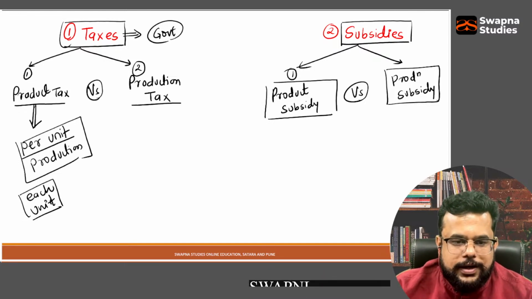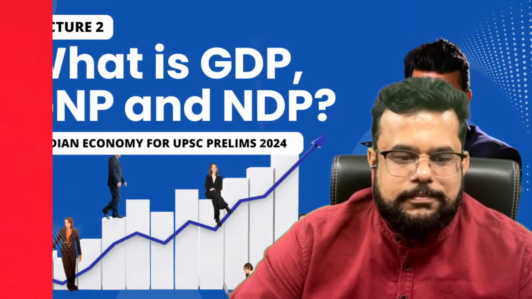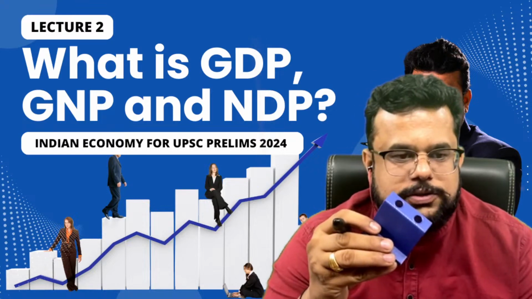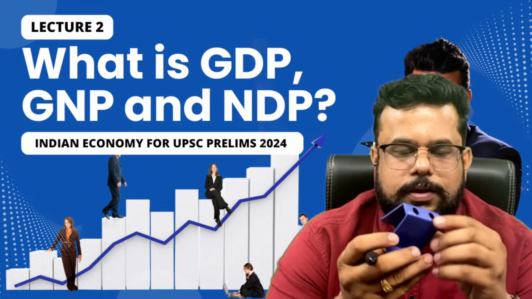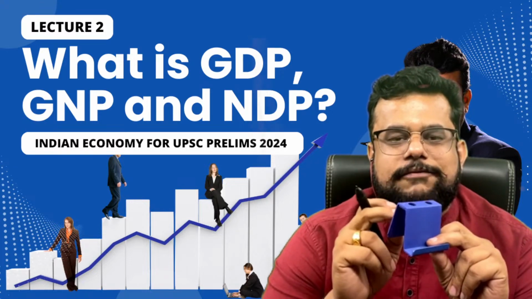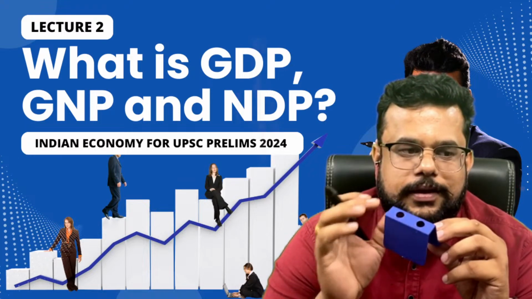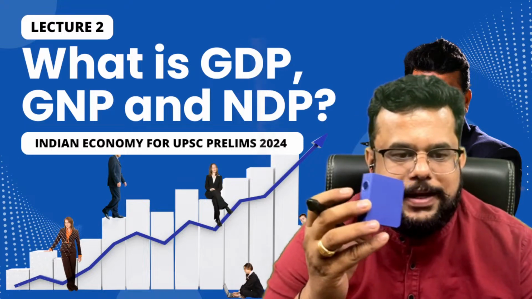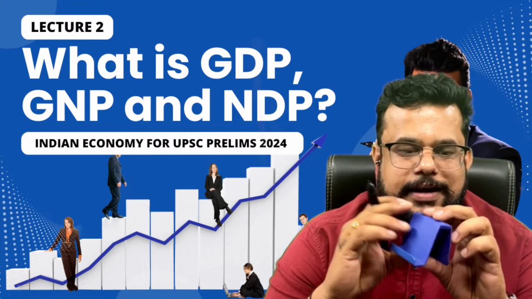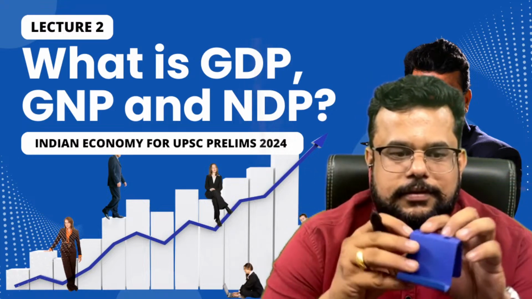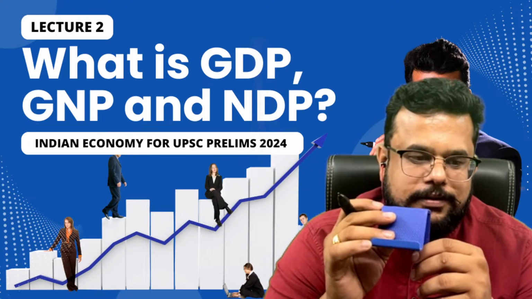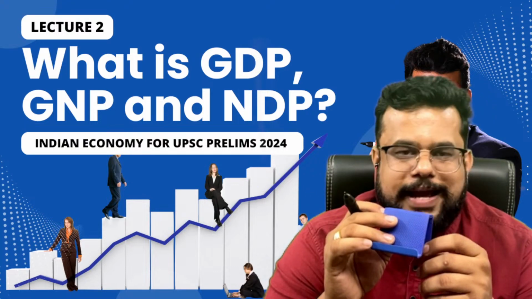Okay, for example, I have a factory, and my factory is producing this particular product. So the product tax will be imposed on each and every unit of this product. For example, the price of this product, this is a simple camera stand, or a simple phone stand, is 5 rupees, and product tax is 1 rupee.